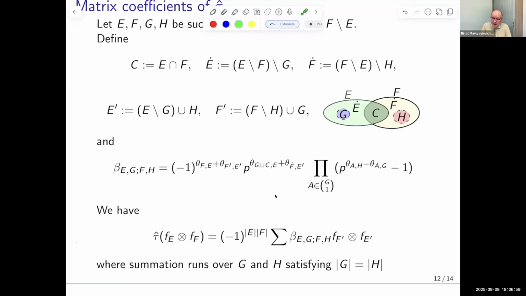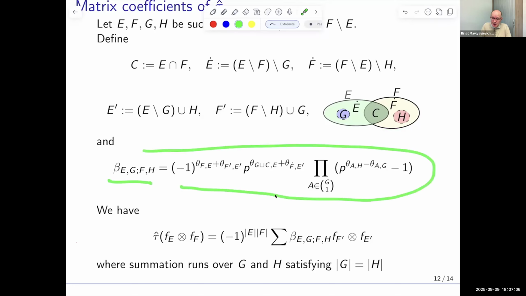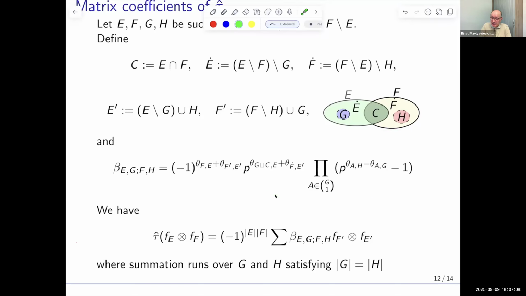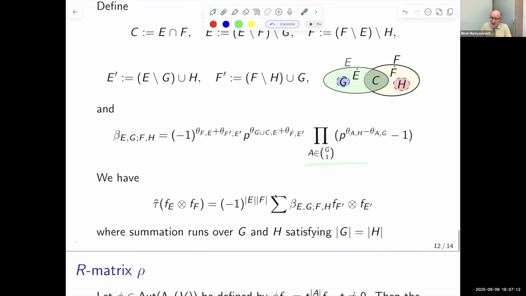The essential thing is that we define certain coefficients beta indexed by those subsets, and then we have an explicit formula for the action of the braiding on the basis elements, where the coefficients are, up to a sign, given exactly by these coefficients.